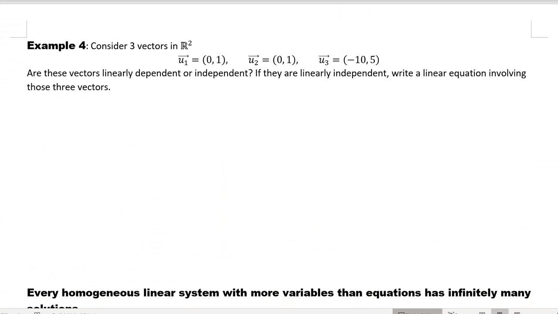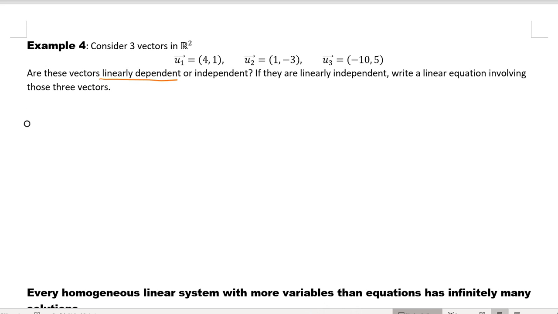Example 4. Consider 3 vectors in R2. Are these vectors linearly dependent or independent? To make the problem more interesting, I changed the numbers. So now we have U1, U2, U3. We have 3 vectors in R2, so we know they must be linearly dependent.